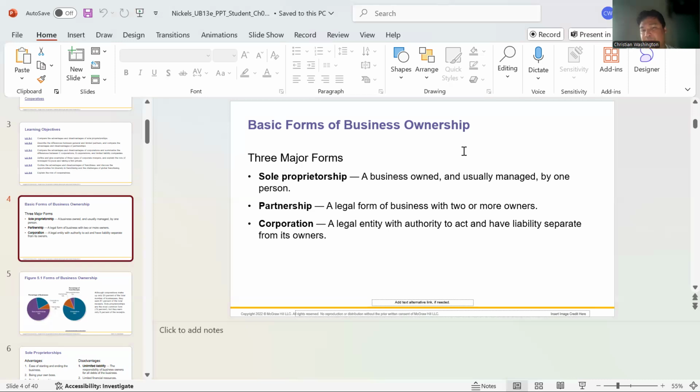The partnership is where you're actually forming partnerships and corporations, where you're forming a physical entity. And that entity is its own business, a functionally living entity that is doing business, and you're doing business on behalf of it.